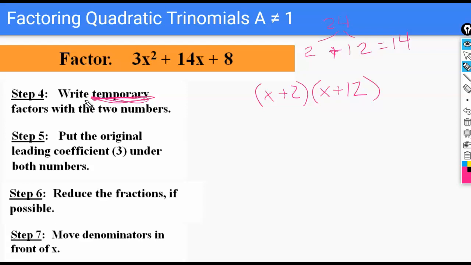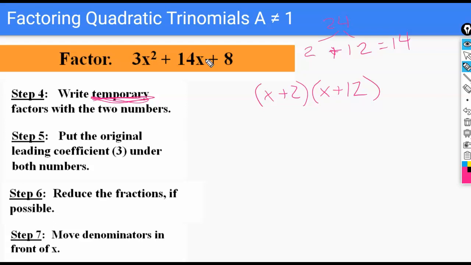Mathematically, what we really should do is go back to the box, and now we know what those two corner boxes were that got added together to give us 14x, and then we can pull out that common factor. The problem is we're going to be using factoring so much moving forward, we don't have time to do that whole box thing.